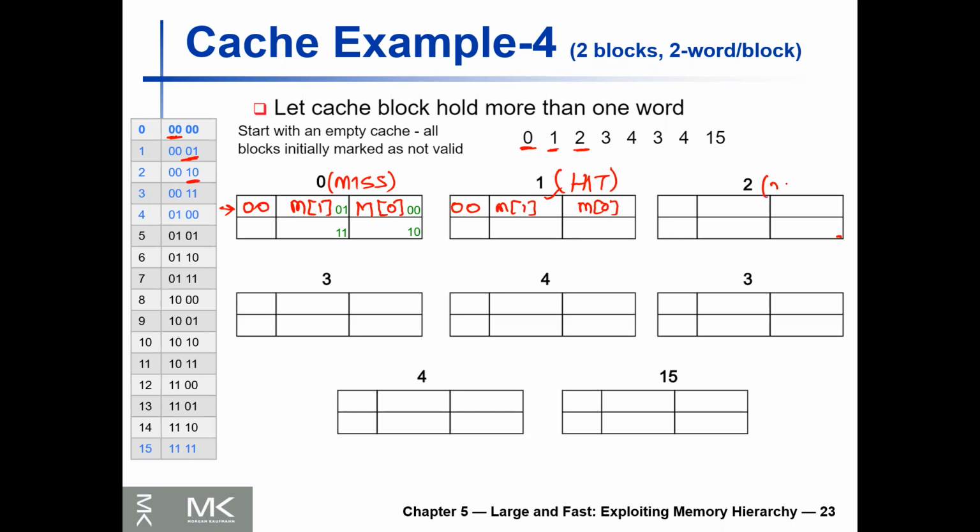Exactly, Nora. This is a miss. If this is a miss, the same content will be there, I am just showing this one. And because of this miss, what will we bring here? 3, as well as what else? And what is the index? 0, 0, right?